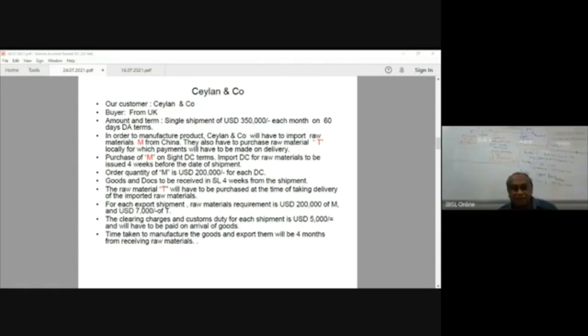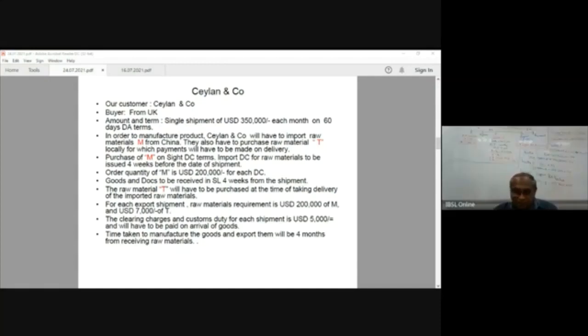What do you think about this? Number one lesson you have to learn is do your job properly. Follow the guidelines of URC 522, Article 26C. If the payment has not been done, you have to send the fate telex.